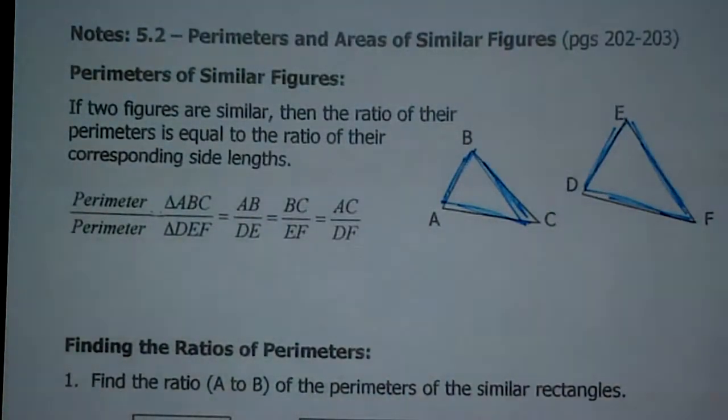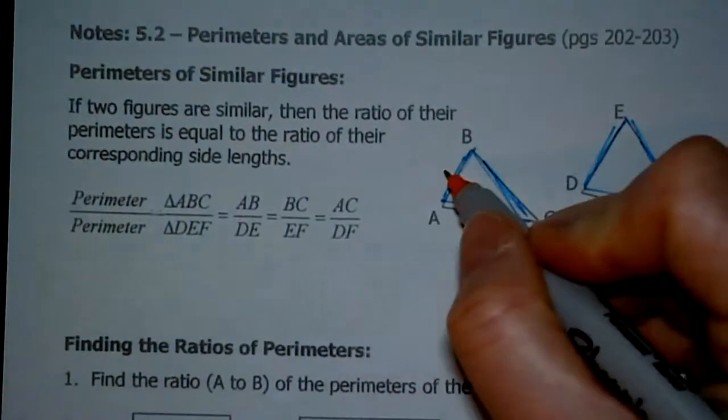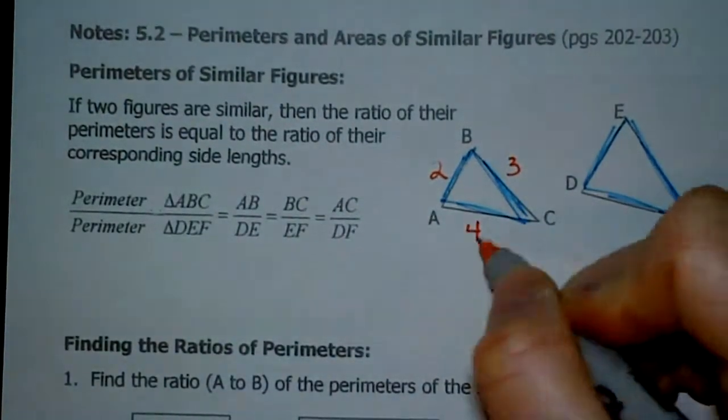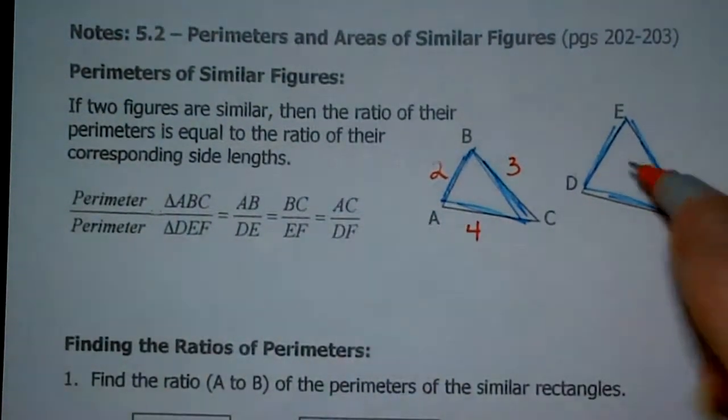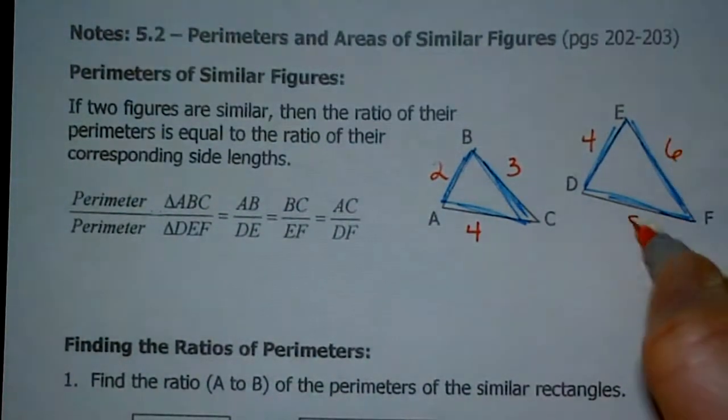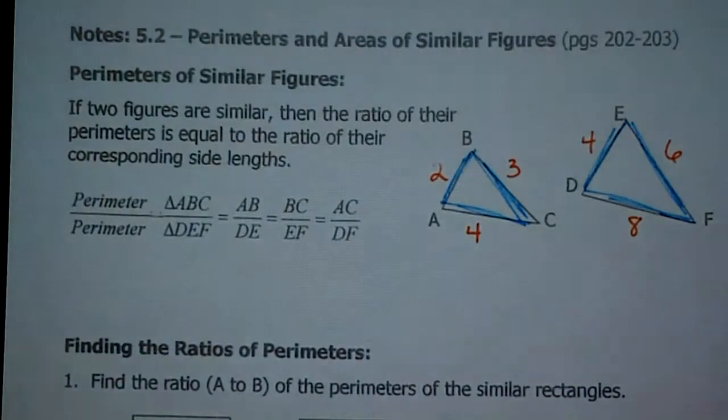So I'll give you just a little example so you can understand what I'm talking about here. Let's say, and yes, please write this down, this is 2, this is 3, this is 4, and these are similar, so I'll give you some similar measurements. Let's say this is 4, this is 6, and this is 8. So I'm telling you, these are similar triangles. The ratios of their corresponding sides will simplify to the same thing.